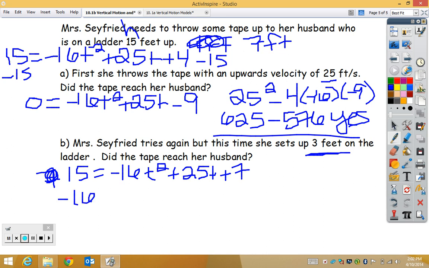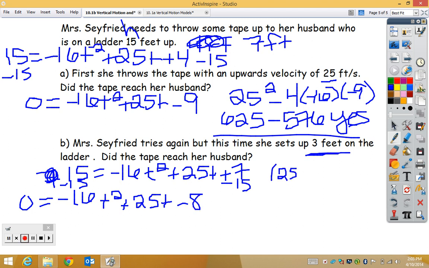Moving the 15 over, I get negative 16t squared plus 25t minus 8. Using my discriminant, I get 25 squared minus 4 times negative 16 times negative 8.